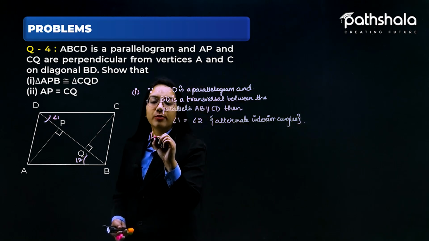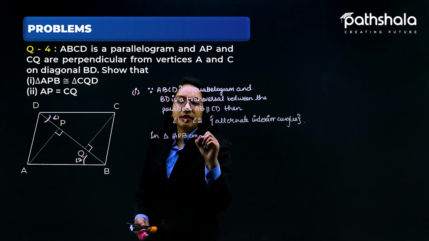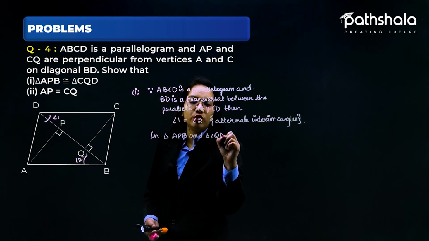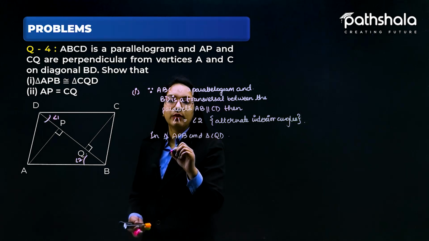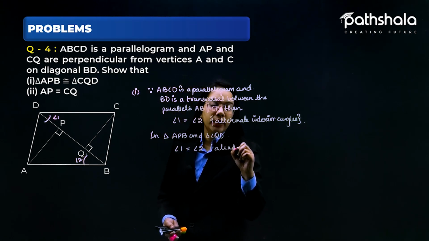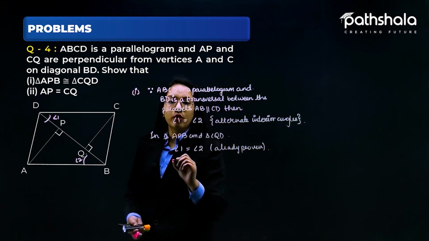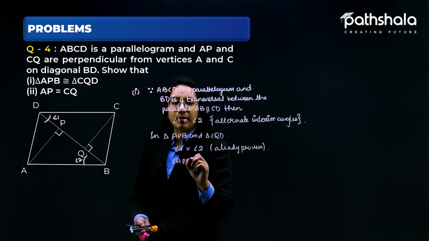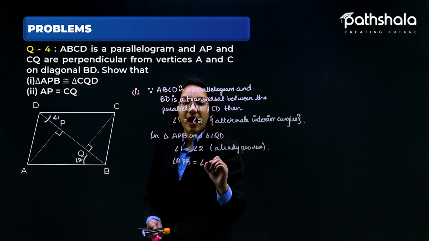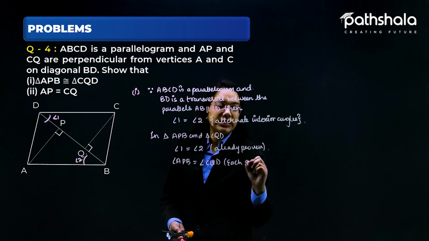Furthermore, let us talk about the two triangles. In triangle APB and triangle CQD, first of all angle 1 is equal to angle 2, which is already proven above. Furthermore, we can see that angle APB is equal to angle CQD. Why so? Because each is 90 degrees.